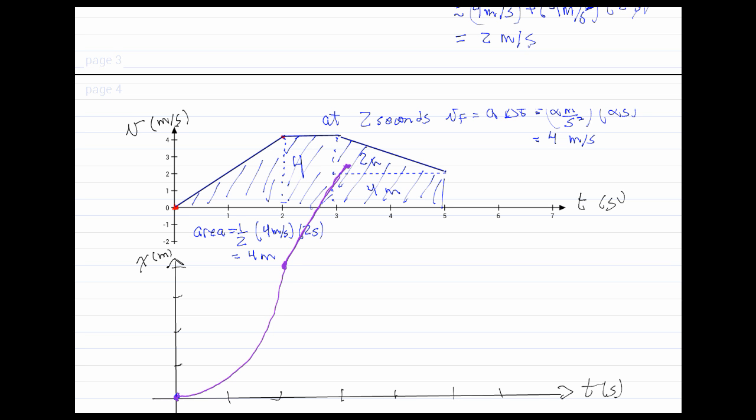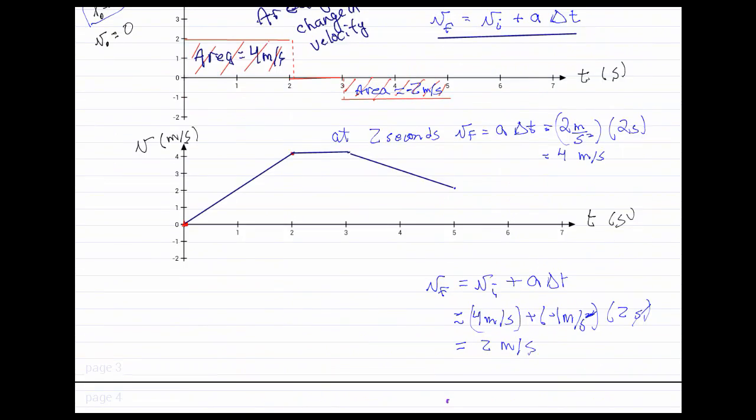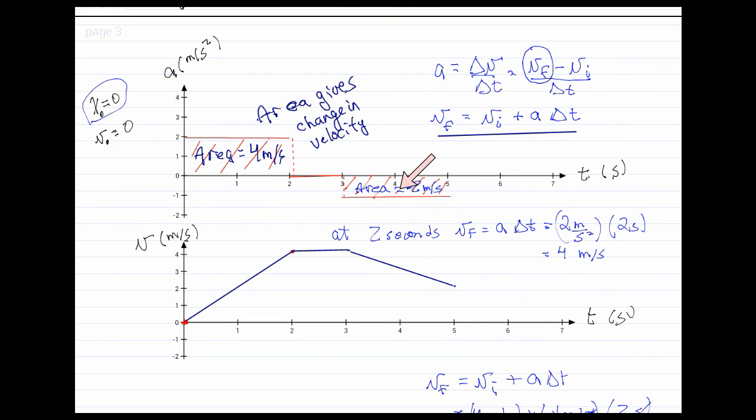In fact, I really ran out of room here. We have to add 6 more. So in this interval, all the way up to 5, we go up 6 more. Now I don't have a scale anymore for my x-axis, but imagine it continues up, and this is where we end up at 5 seconds. And again, note that the velocity is changing. In fact, the velocity is getting smaller. This is a result of acceleration over here.